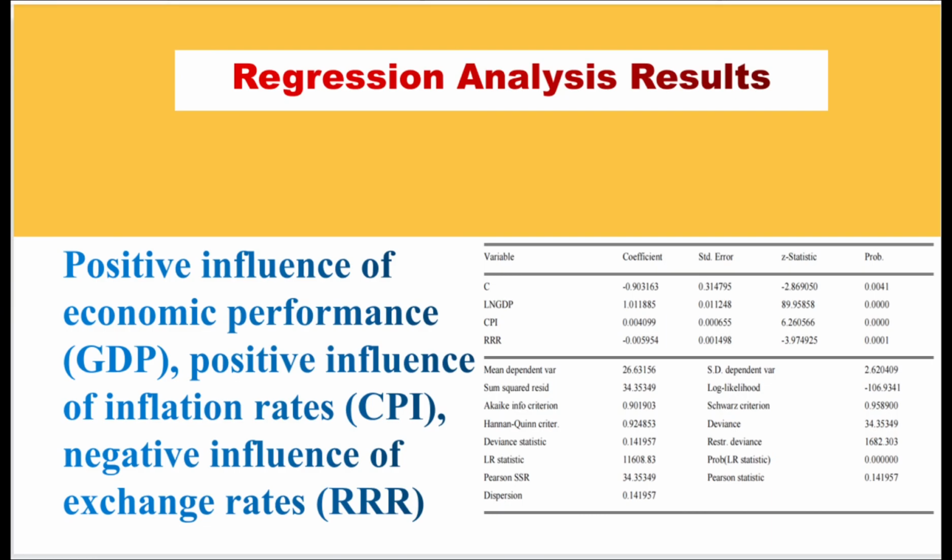The regression coefficients results show that the country's economic performance strongly correlates with the demand for money in the transitioning economies. The inflation rates have a strong positive influence, while the exchange rates hurt the relationship. The findings of the strong positive influence of economic performance are supported by the findings of the GMM presented below.